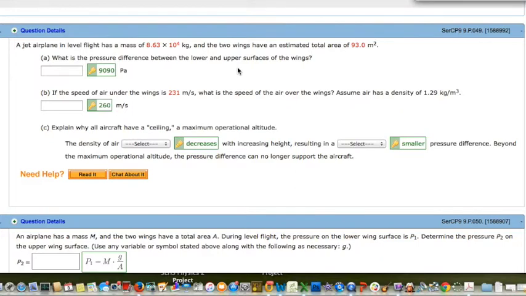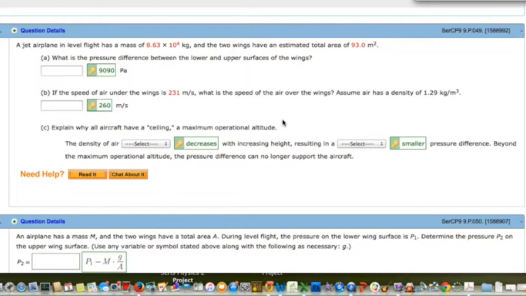But anyway, let's get to the first physics problem from the homework of Fluid Dynamics Part 2. We're talking about a jet airplane in level flight. A jet airplane in level flight has a mass of 8.63 times 10 to the 4th kilograms, and the two wings have an estimated total area of 93 meters squared.